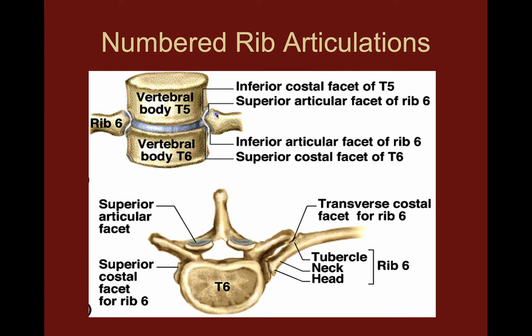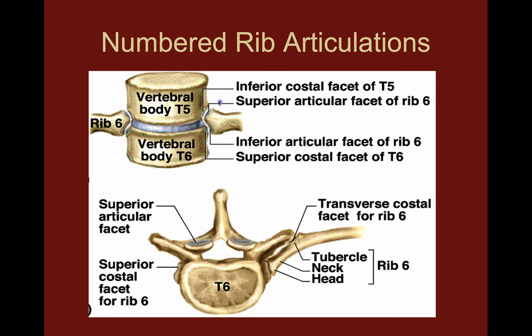So the superior articular facet of rib 6 connects or articulates with the inferior costal facet of this vertebra of T5. The inferior articular facet of rib 6 joins with and articulates with the superior costal facet of T6.